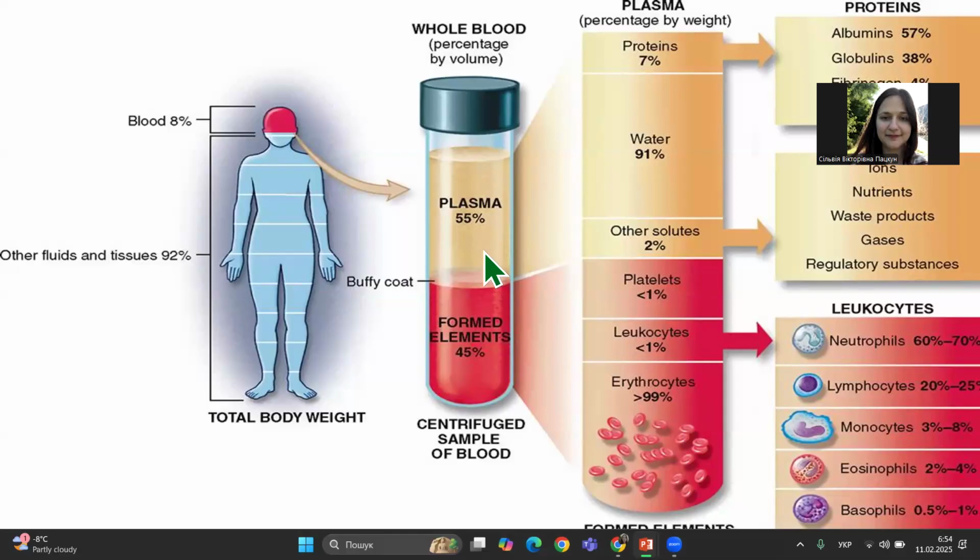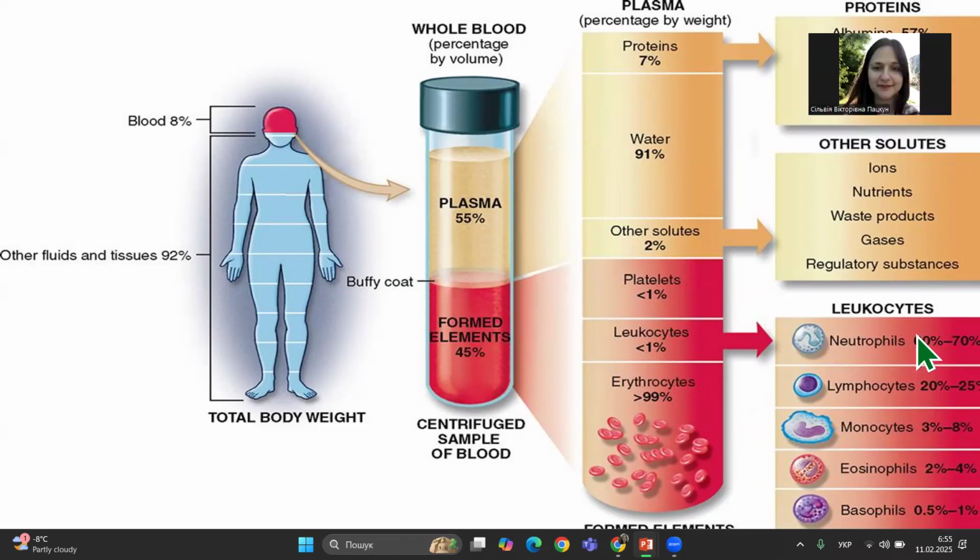Blood plasma is composed of water, the main ingredient, 91%, 7% plasma proteins, and 2% other salts. Plasma proteins include albumins, globulins, fibrinogen. The rest include ions, nutrients, waste products, gases, and regulatory substances.